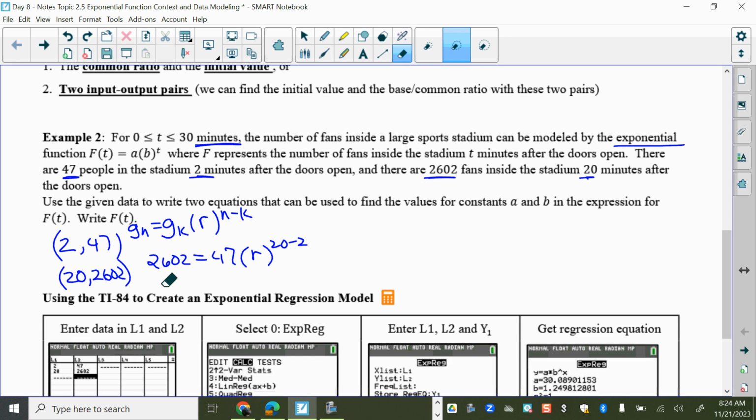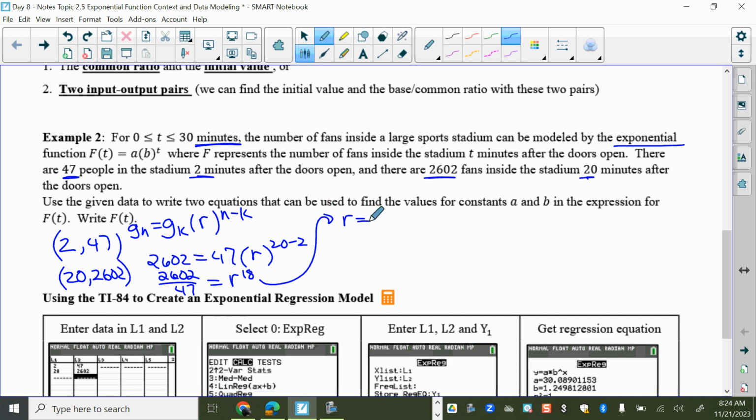I'll write that a little smaller. All right, so 2602 over 47 is equaling R to the what? 18. All right, so it's ugly, but my R value is the what root of that fraction? The 18th root, right? So my R is 2602 over 47 to the 1/18.